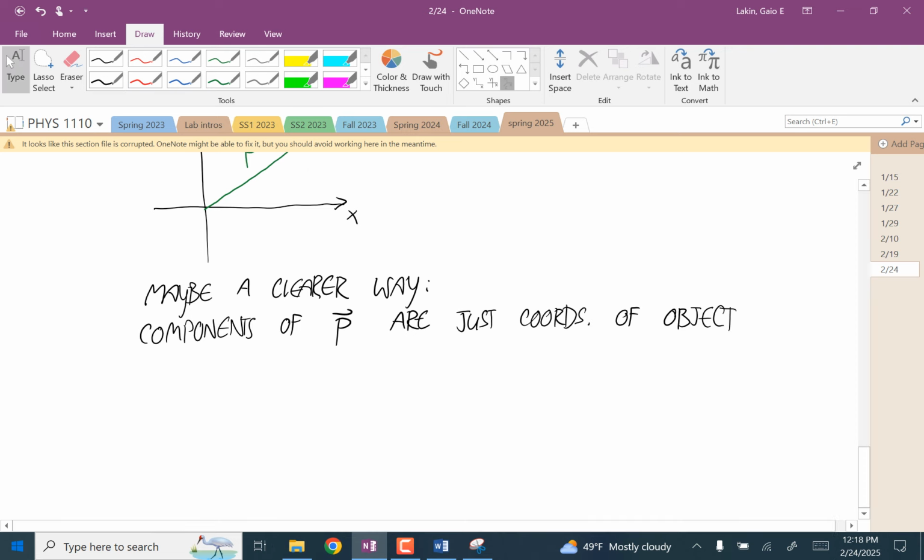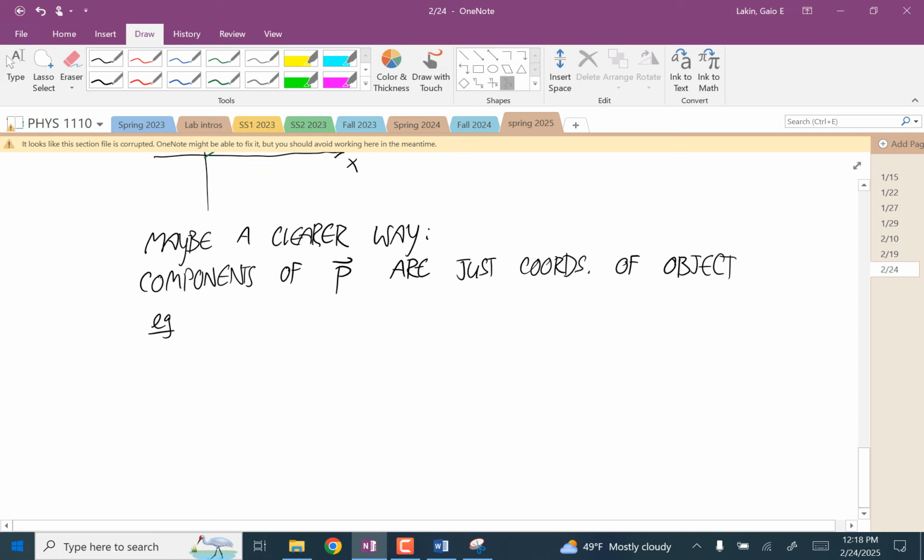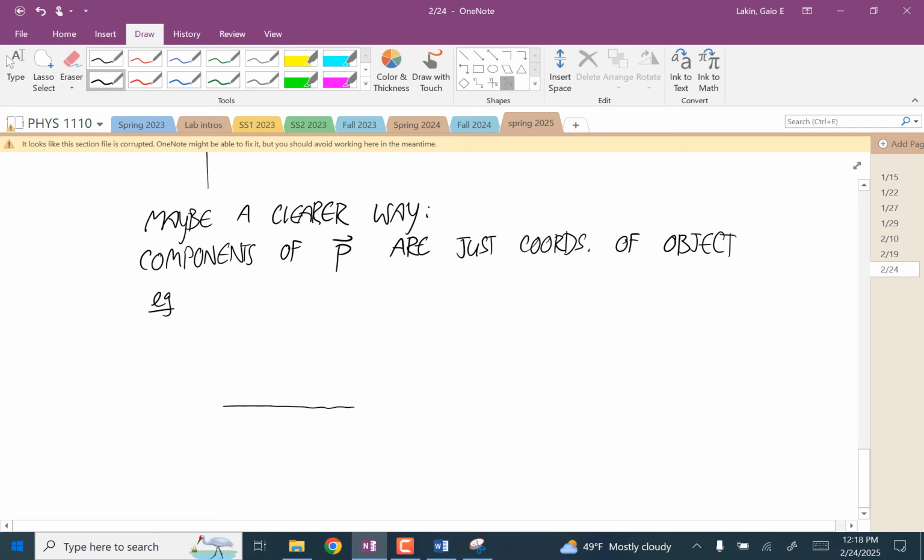Okay, so for example, if this is our coordinate system, and I'll count off, let's say there's -1, -2, -3. And here's +1, 2, 3, 4. And let's say that the object is here.